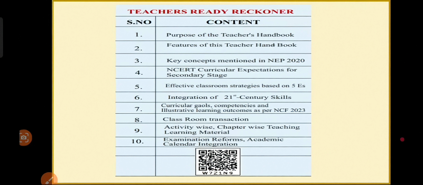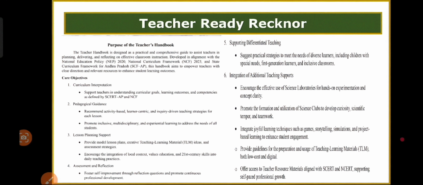Everything was included in this QR code. If you scan the QR code present in the textbook, you will definitely get the total information.